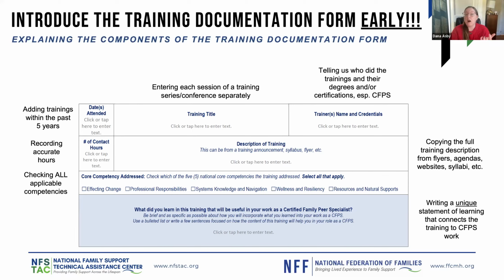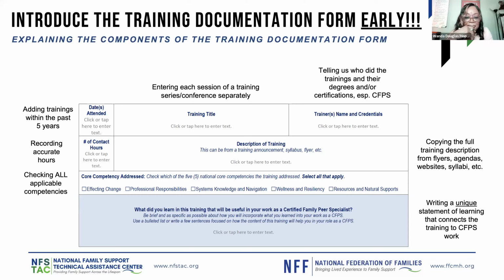Family peers are required to do some documentation. They have to take accurate notes of the services that they're providing for families. So we want to see in this training document, how good are you at taking accurate notes and being able to convey what you've learned to us, if that makes sense.